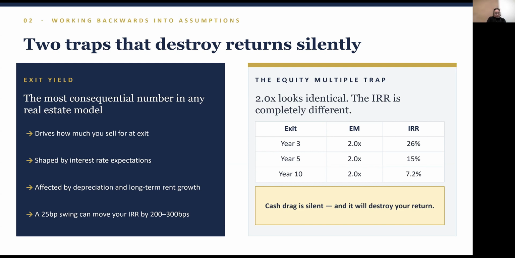Then rental growth. If you buy at the bottom of the market, hopefully now, and then say, okay, there's going to be massive rental growth, then this rental growth will have a positive impact on the yields. The positive impact means that the higher the growth, the lower the exit yield is going to be. Say everybody's assuming 0% rental growth, but in your model you think it's going to be 2% rental growth.